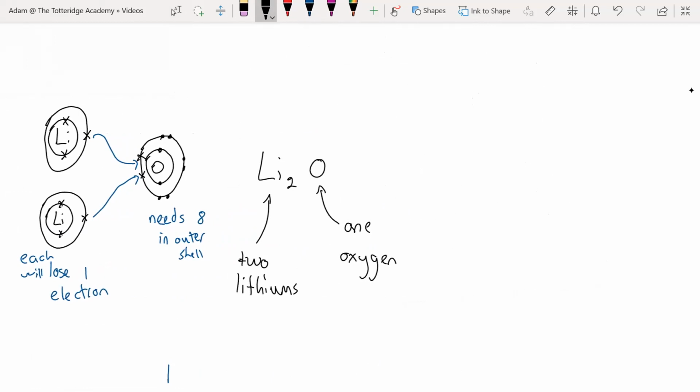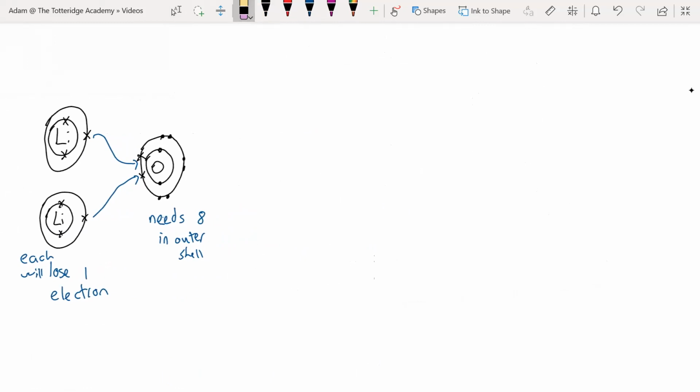So what I'm going to do is I'm just going to pull this away for a minute and go back to this diagram for a second. Because what I want to do now is I want to draw out these three, this, and this, as ions. So I have the lithium, this is an atom.